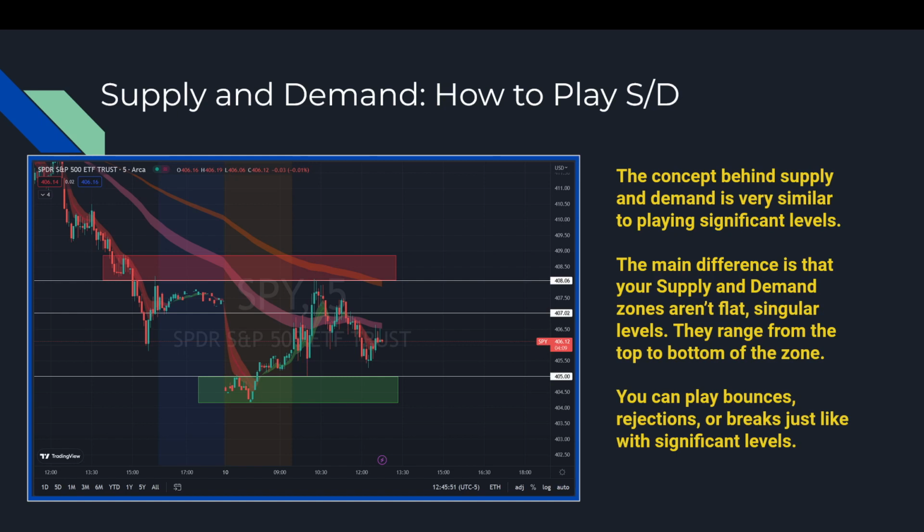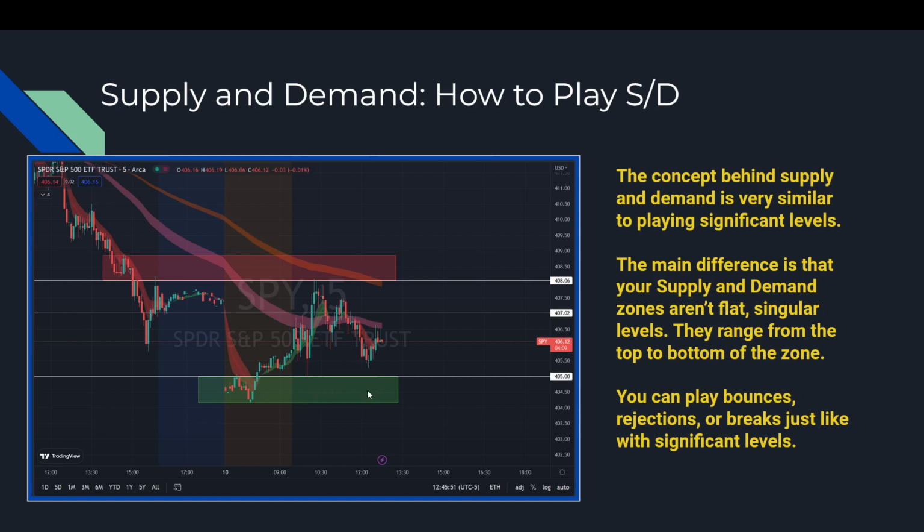So the main difference in your supply and demand zones is they aren't flat like significant levels. You're not going to have one main level to play. You can have a rejection at any level within your supply zone. You can have a bounce at any level within your demand zone.